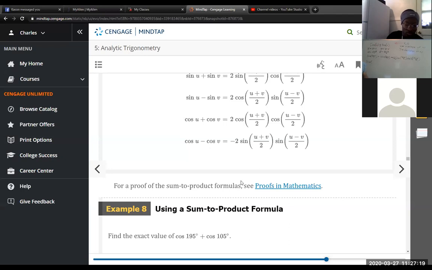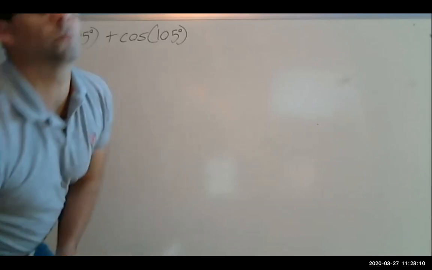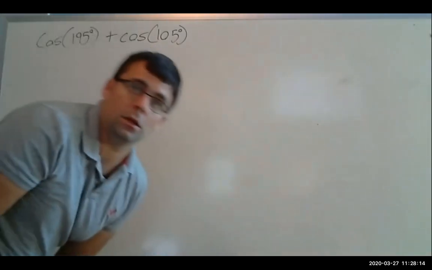We're going to find the exact value of cosine of 195 degrees plus cosine of 105 degrees. All right, so what do we use?